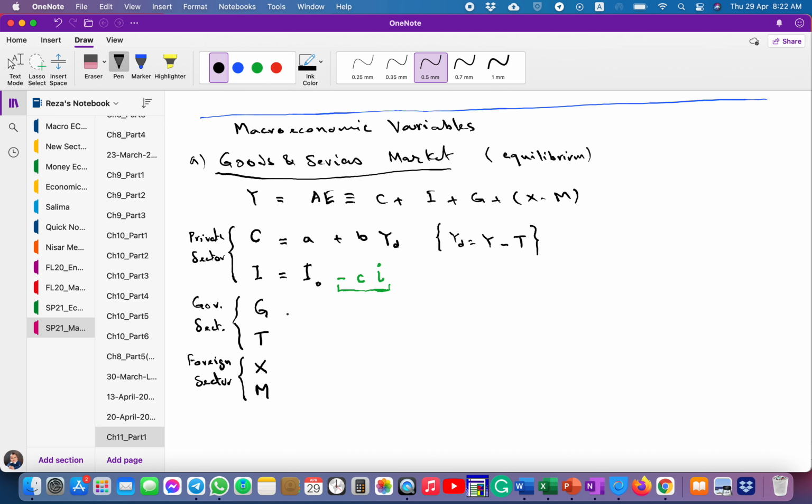And for them, we said these are discretionary variables, and the government can deliberately change them at any time, and this is according to their budget, government budget, which is tax revenue minus government spending. And these are also, we assumed, exogenous.